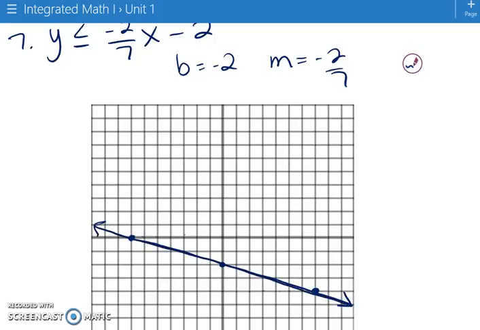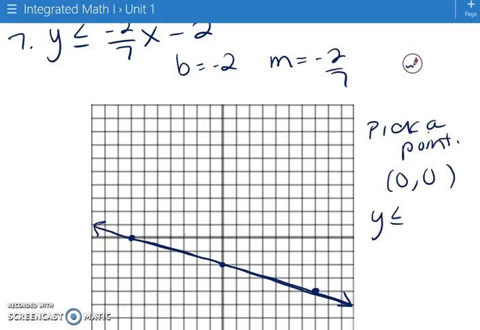Okay, and then my last step is I need to pick a point so I can throw some shade. So I'm going to pick (0, 0). So y is less than or equal to -2/7 times 0 minus 2. I'm going to plug in 0 for both sides, and I got 0 is less than or equal to -2, which is not true.